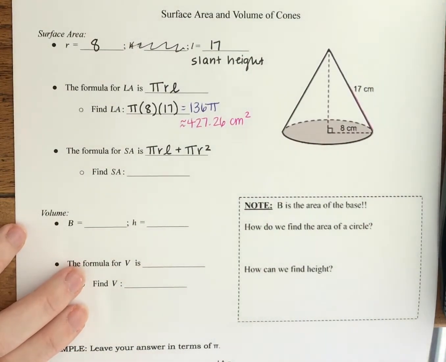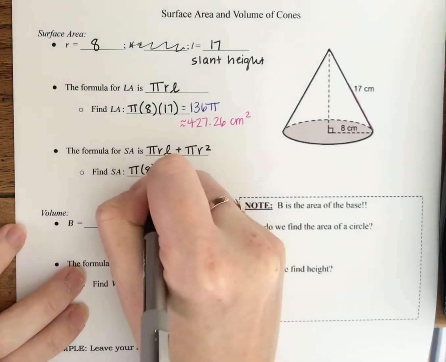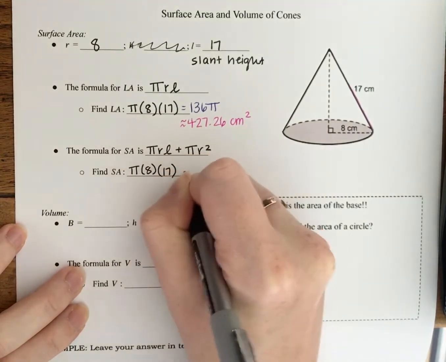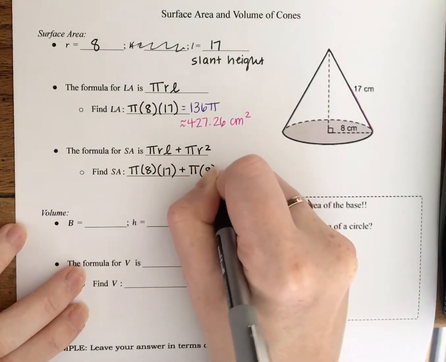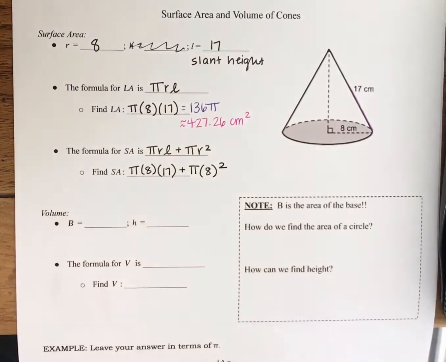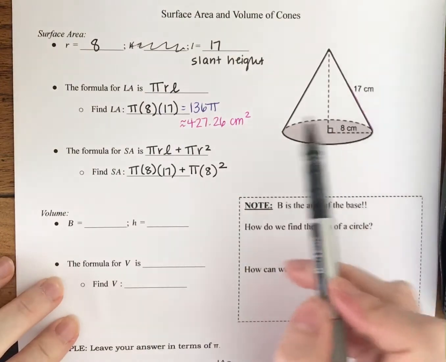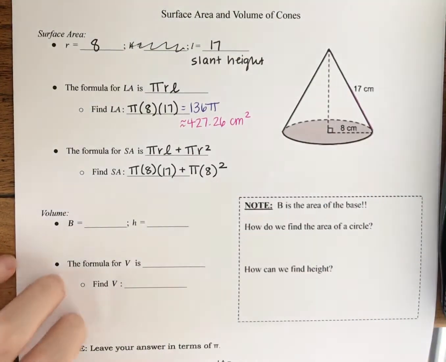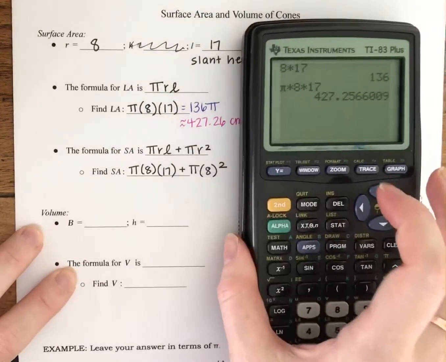All right, and then total surface area, same first part, pi times r, 8, times L, 17, plus pi times radius squared, okay? Total surface area would be everything including the circle, so that's why we add on that pi r squared at the end. In terms of pi, ignore my pi's.